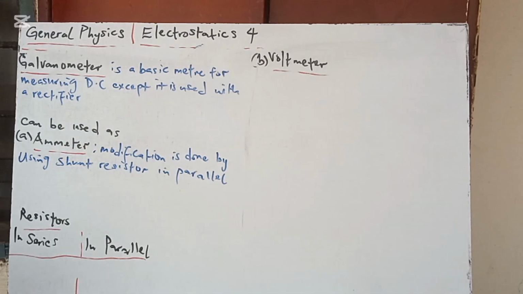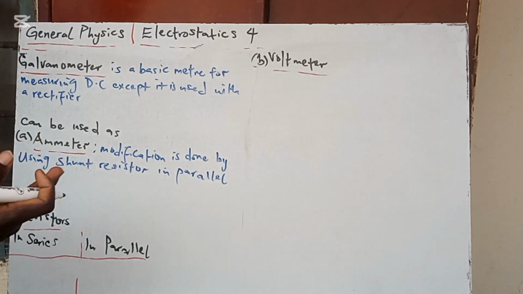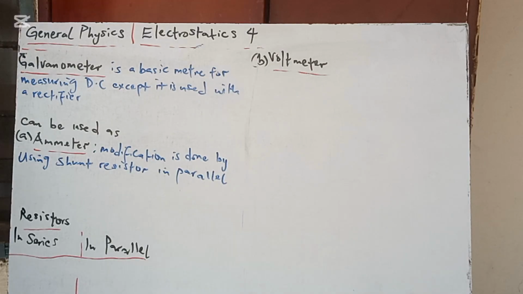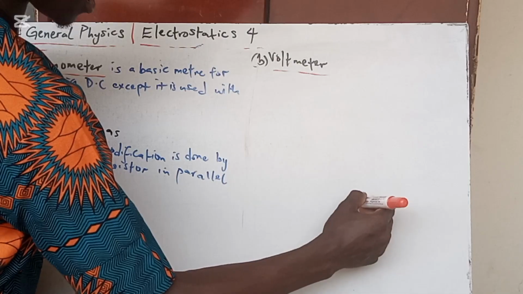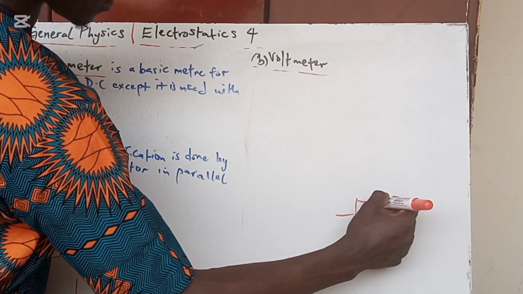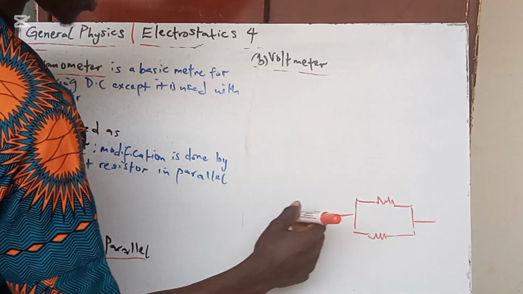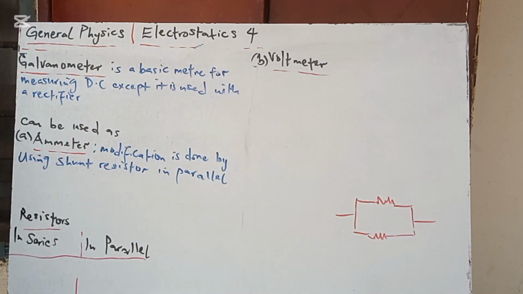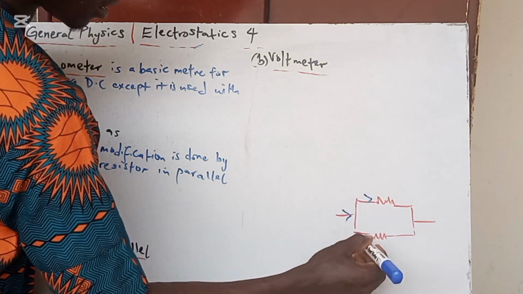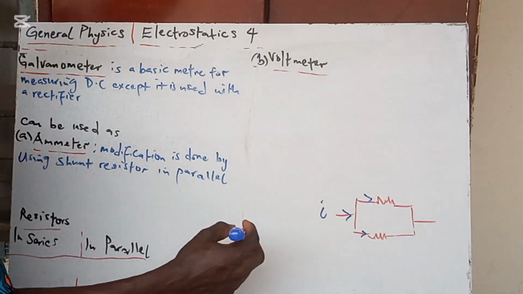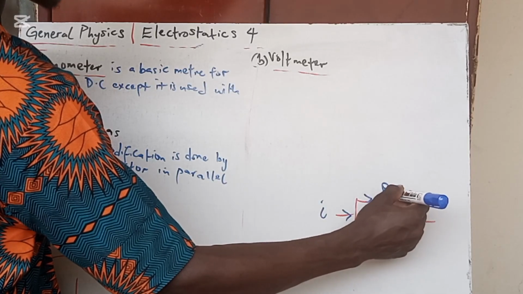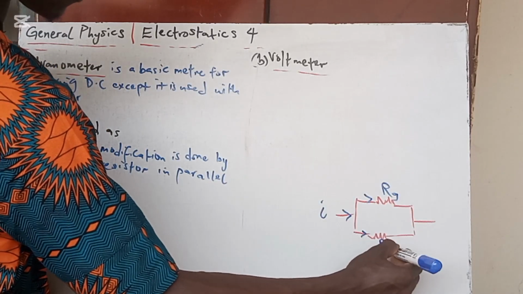When we have resistors in parallel, we have different currents, because the current coming from the initial stage is going to split. Let me draw it. Current I flows in, and this is the resistor of the galvanometer, and this is the resistor of the shunt.